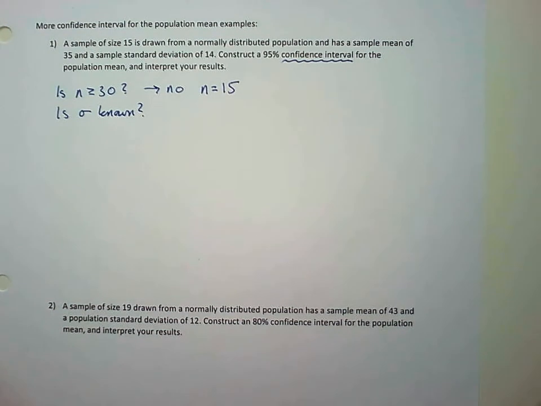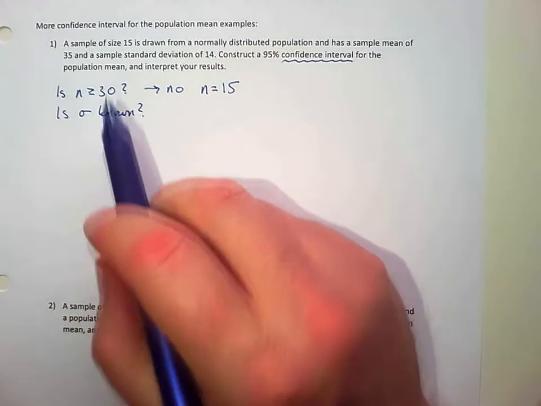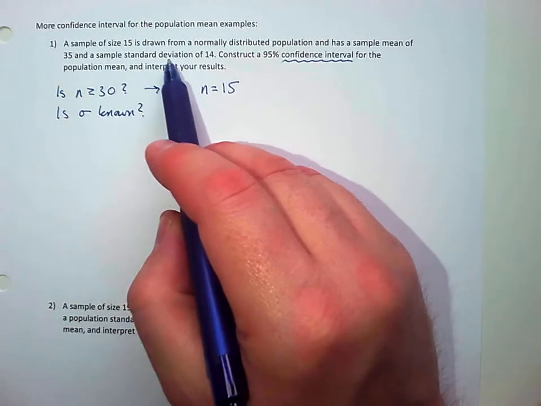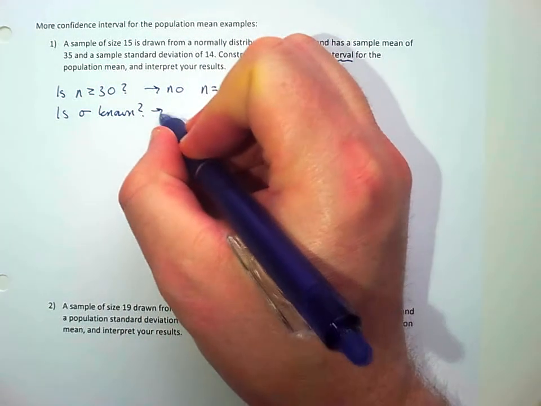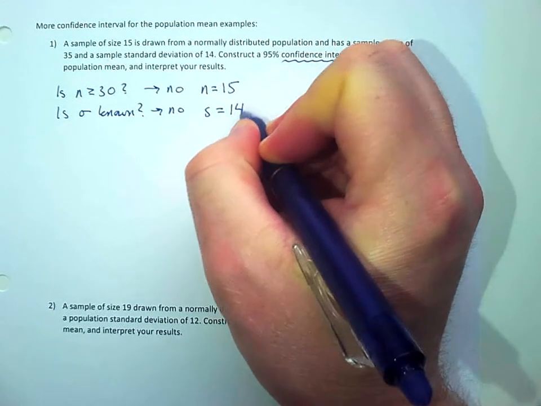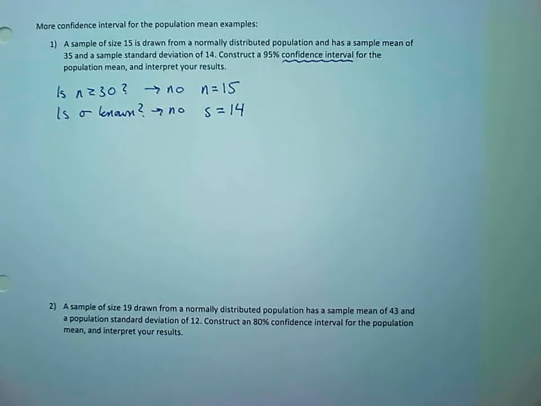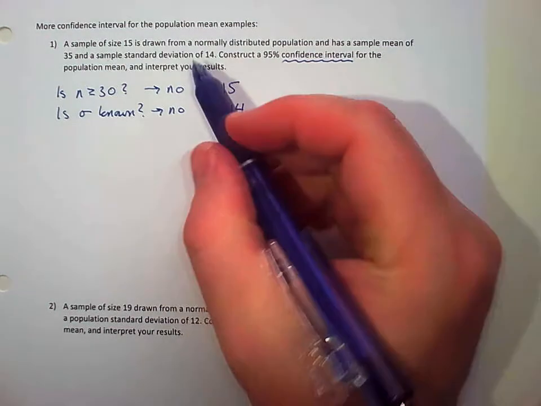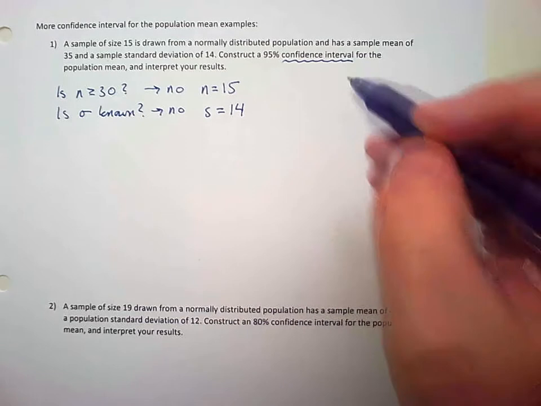Do we know our population standard deviation sigma? No. It tells us that we have a sample standard deviation of 14. So therefore, s is equal to 14. And now, we're in that really super important spot where we answered no to both of those questions.